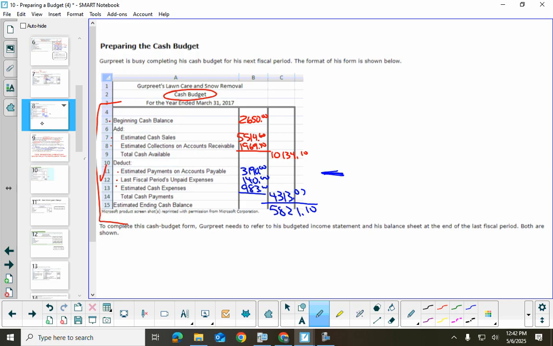So probably what's going to happen if you go into accounting or bookkeeping at the college or university, you're going to have to know how to do this manually. They're going to want to see that you know how to do it. And then when you actually get your job, you get to click a button. But the idea is that if the computer ever went down, you could still do it manually.